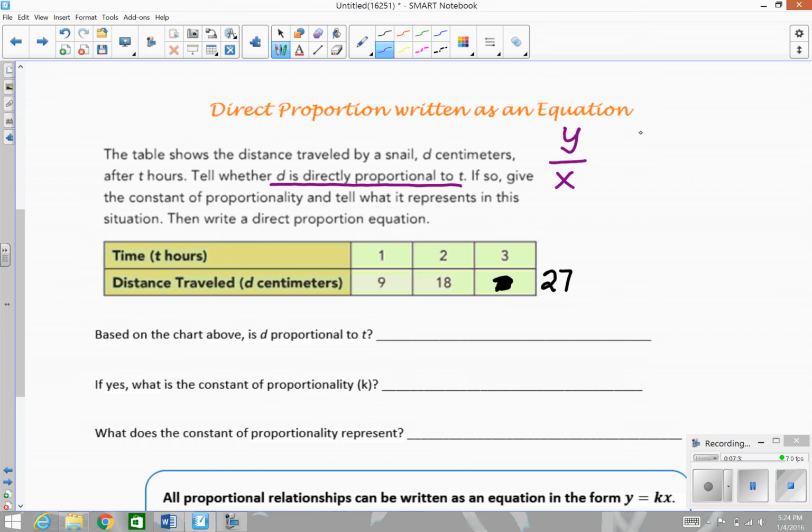So this time we're looking at d over t. Be very careful with that. It says, if so, give the constant of proportionality. So they want us to find k if this is proportional and tell what it represents. Then write an equation. So there's a lot going on here.